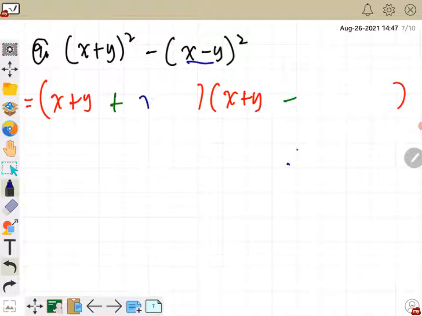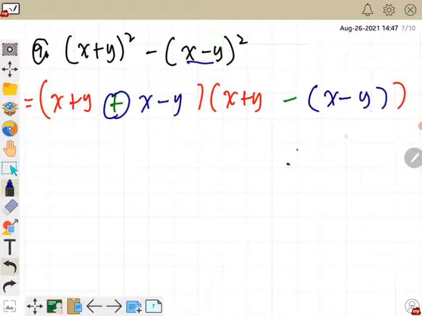There's no need to worry here because the sign is plus, so no need to enclose x minus y with parentheses. But our concern is the minus, so we need to enclose our next factor with parentheses. When you encounter double parentheses, the outside parenthesis will now become your bracket. Then that's the time we simplify.